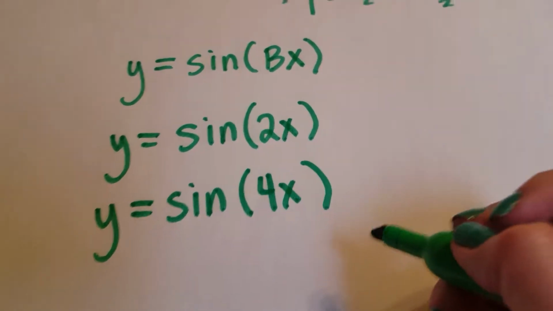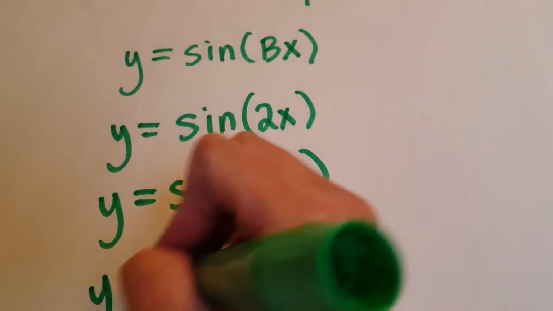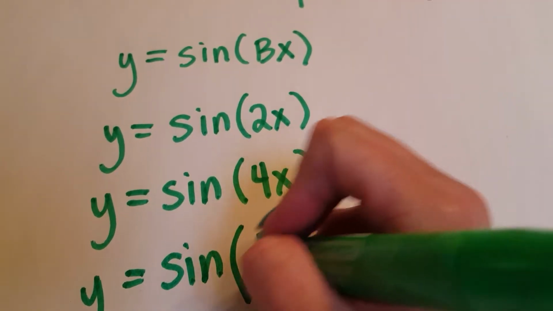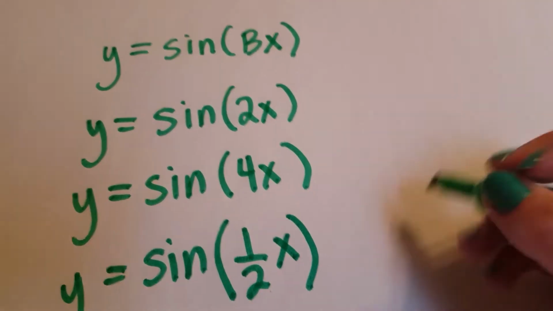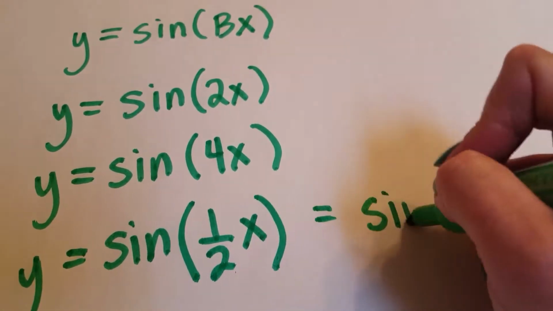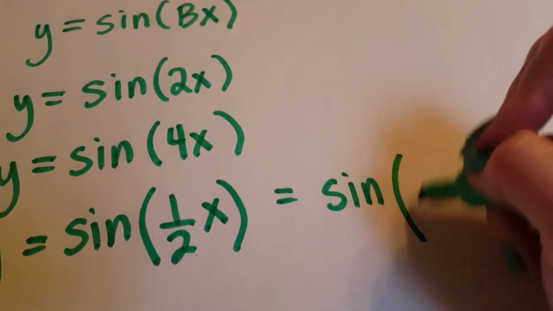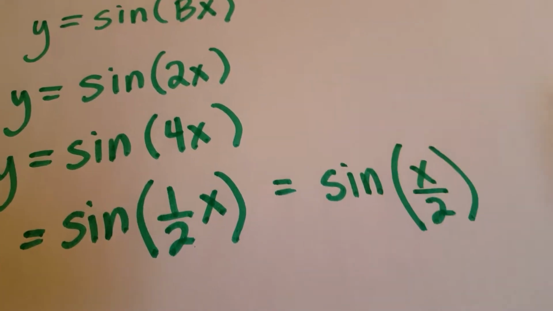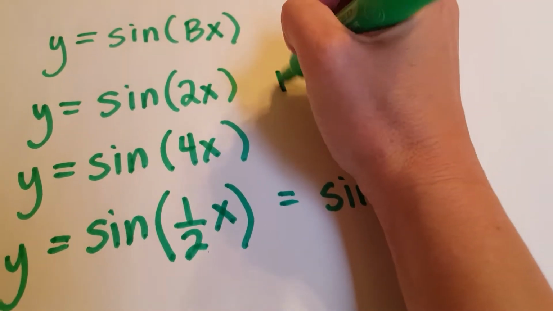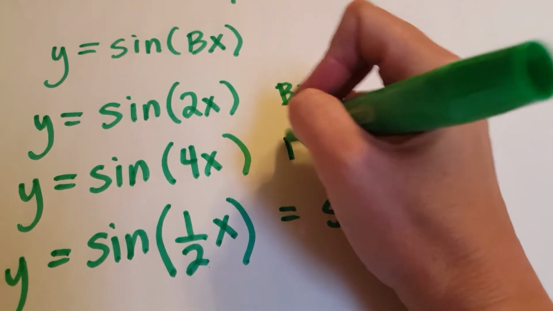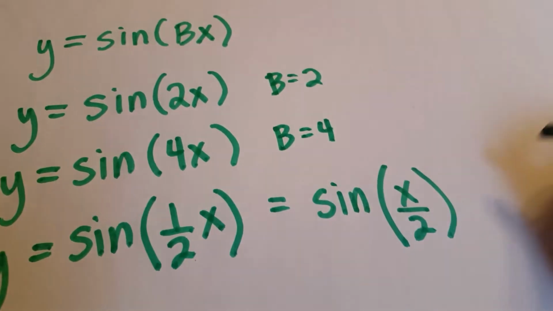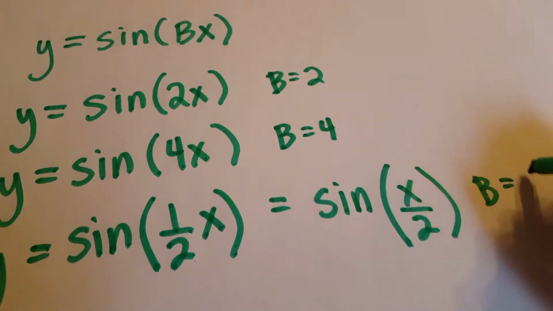It could be a fraction. That fraction could be off to the side, or they could also write this problem as x over 2. It would mean the same thing. For all of these, we have a b value. b is 2, b is 4, and of course b is a half.